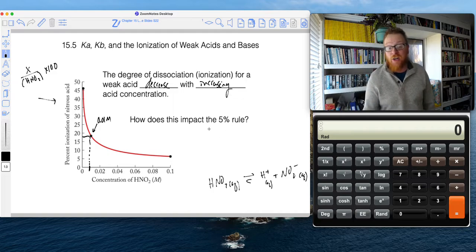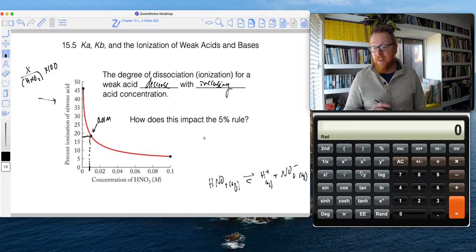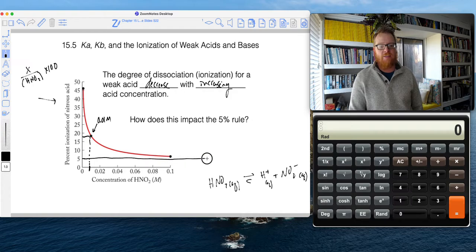So at that concentration, we could not use the 5% rule. But notice when the initial concentration becomes 0.1, it's dropped to something like 8 or 9%. As you can see, if we were to go out to larger and larger concentrations, we would eventually hit that 5% rule and then go under it.